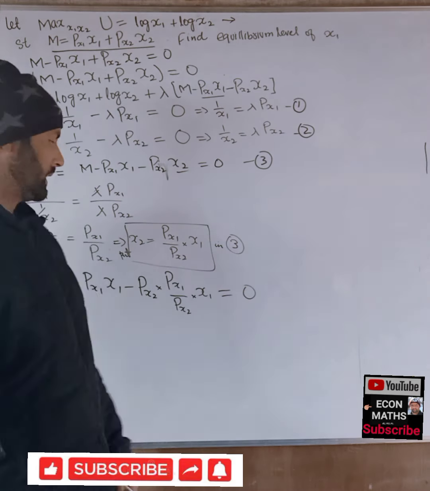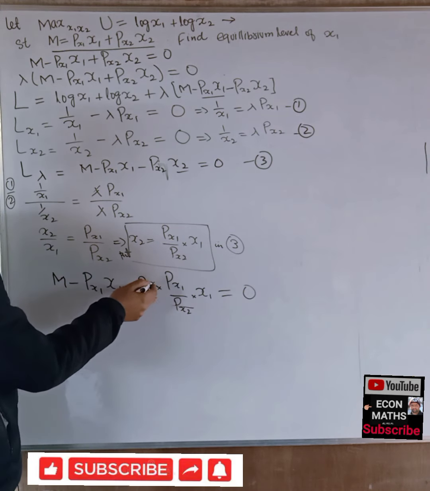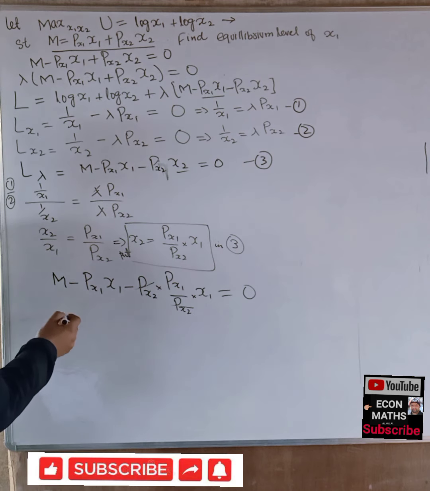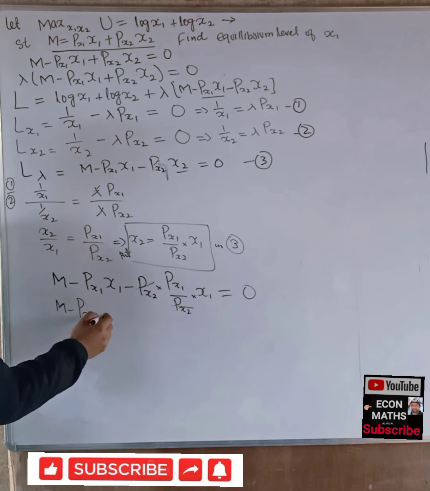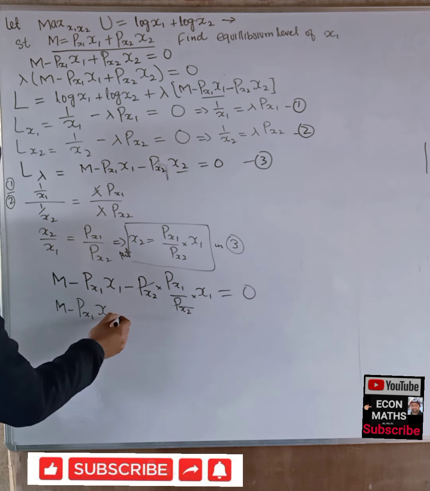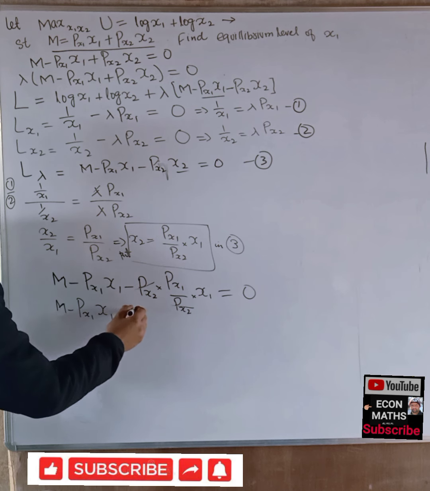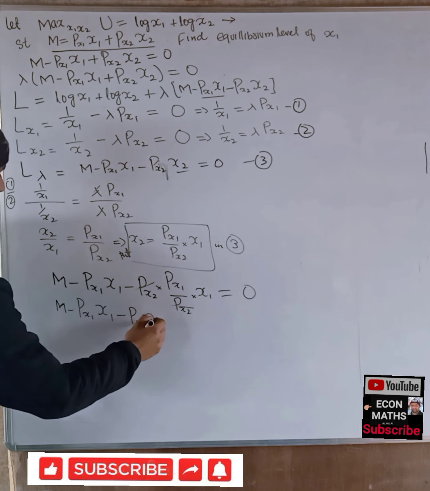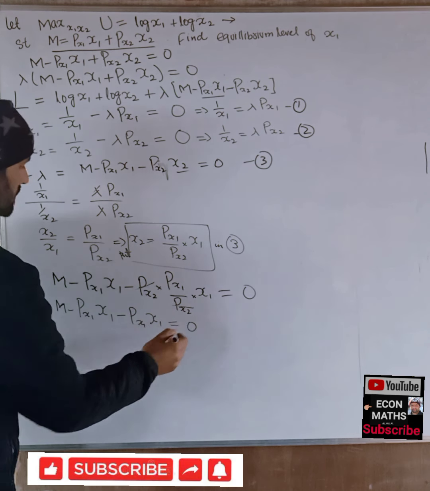Now cancelling this p x2 and this p x2, we get m minus p x1 times x1 minus p x1 times x1 is equal to 0.